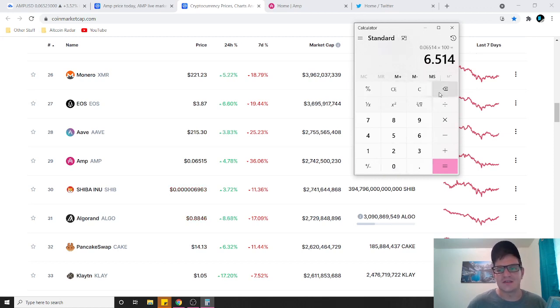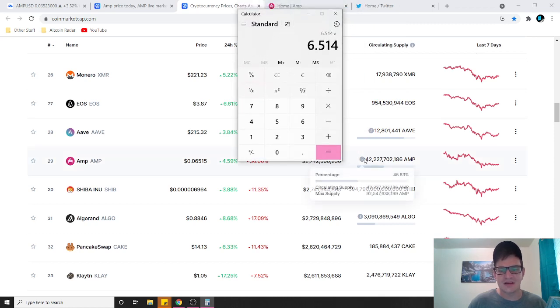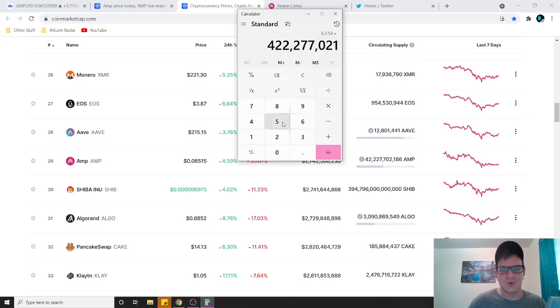$6.50. Now we are going to take $6.50 and multiply it by its circulating supply. Its current circulating supply is 42,227,702,186.